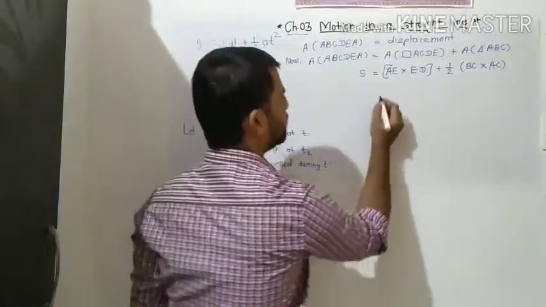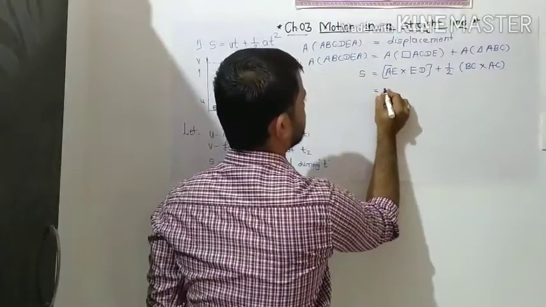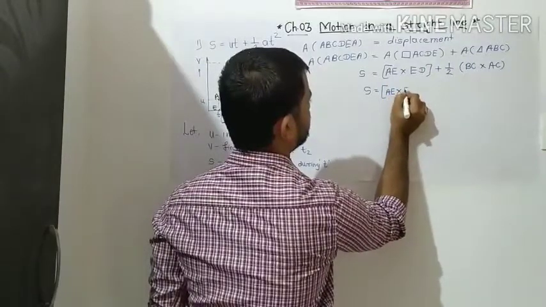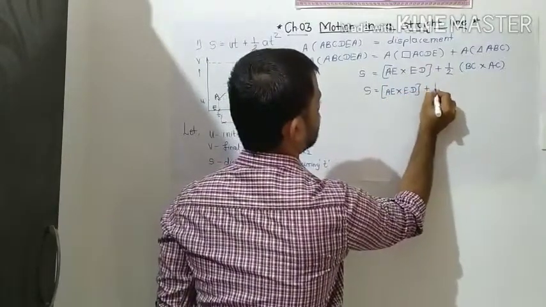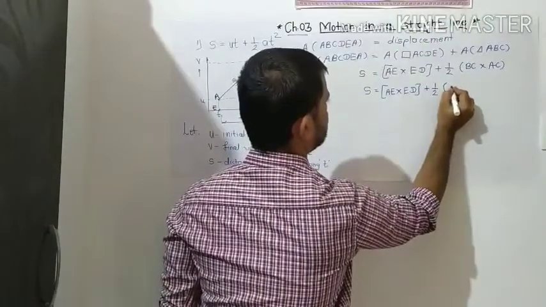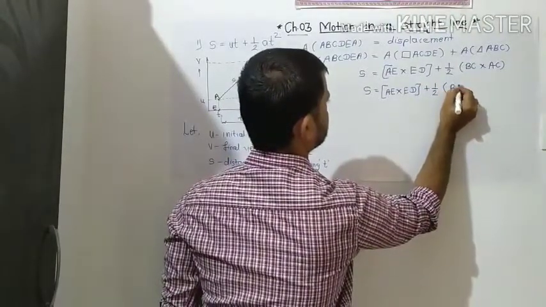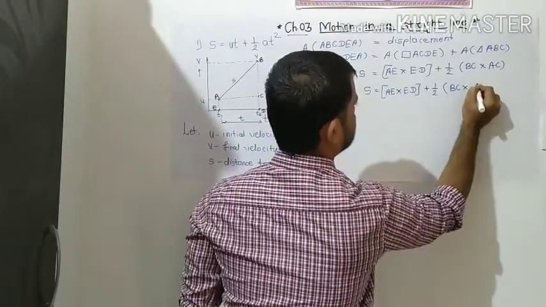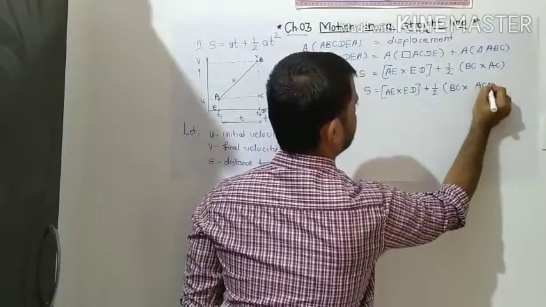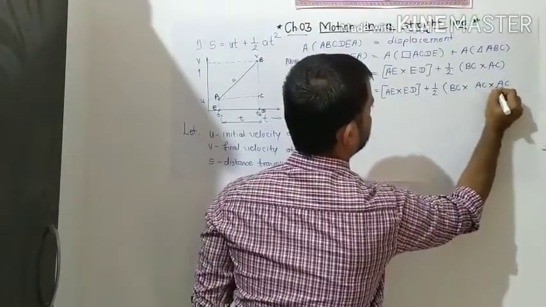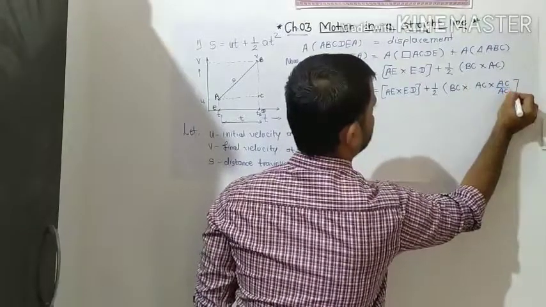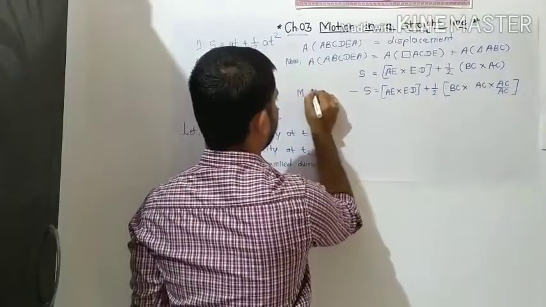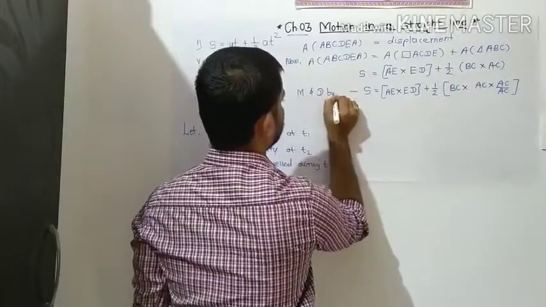So here if we multiply and divide, S is equal to AE into ED plus 1/2 BC into AC into AC upon AC. Multiply and divide by AC.